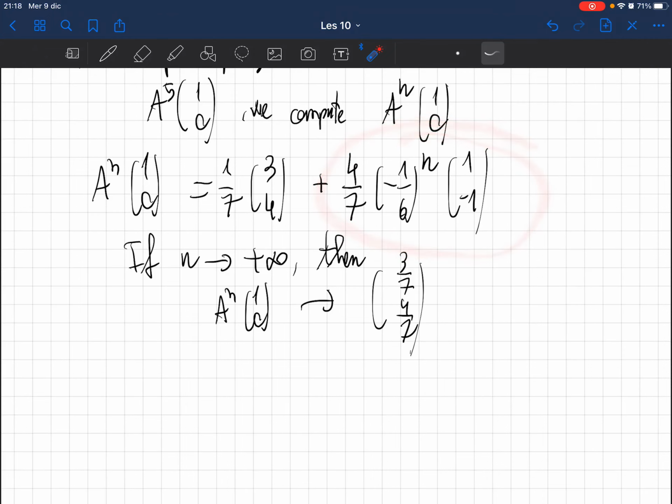And the other eigenvalue was just minus 1 over 6, which has absolute value less than 1. So if you take n very big, then this part becomes really small.